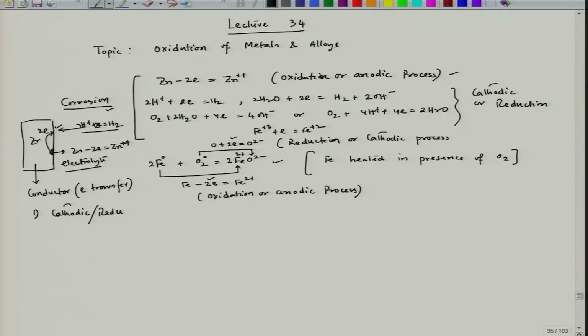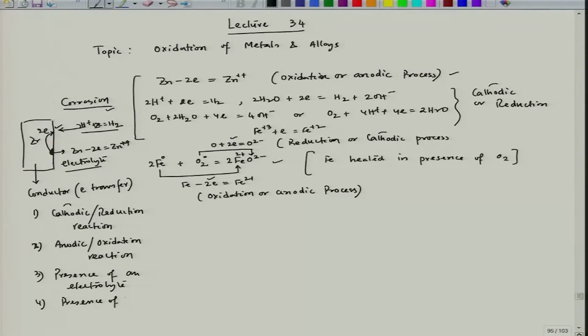First, the cathodic or reduction reaction; second, the anodic or oxidation reaction; third, presence of an electrolyte, where charge migration happens; and fourth, presence of a conductor, where electron transfer happens.